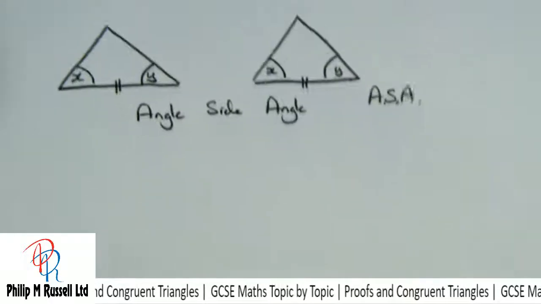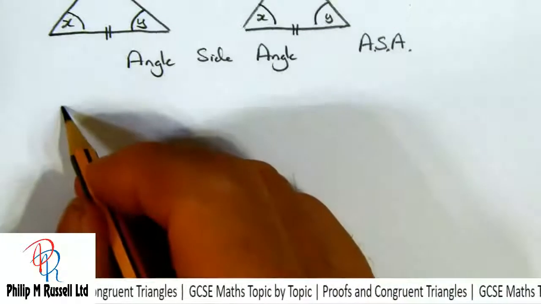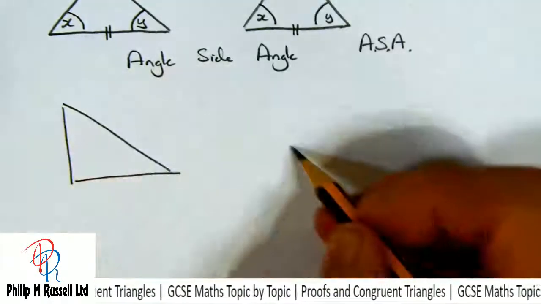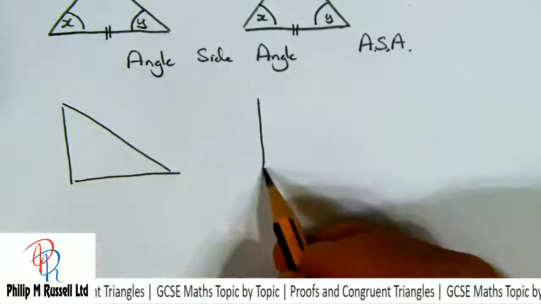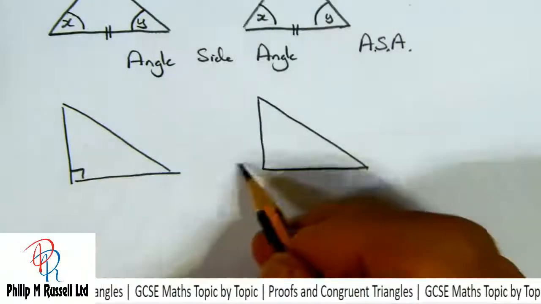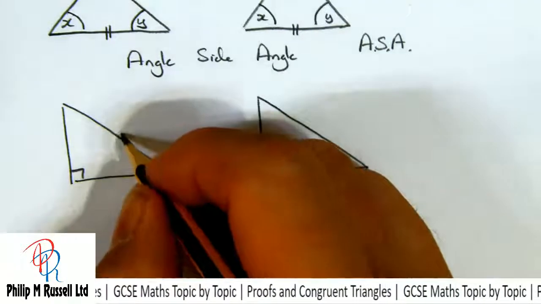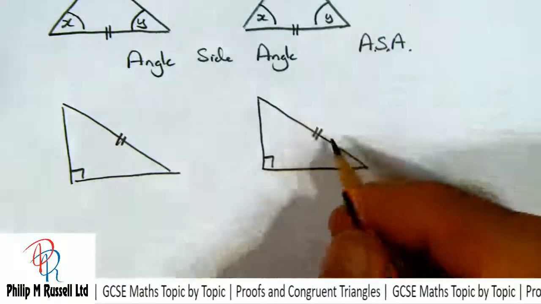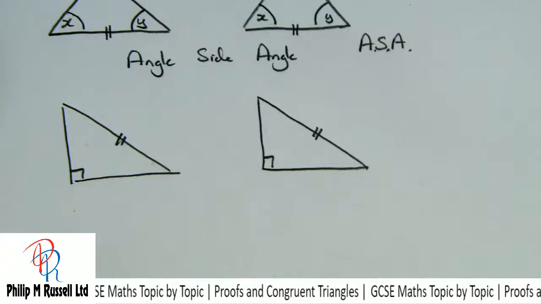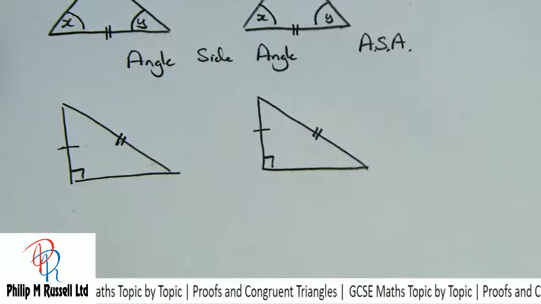And the final type of congruency we can prove is if we have a right angle triangle, we know we've got a right angle. We can prove somehow the two hypotenuse are the same, and then we can prove that one side is the same.